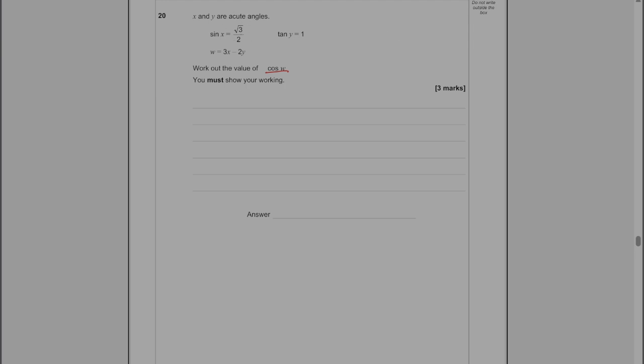if we can't remember what sine is, so this is the exact trig. So sine x is equal to root 3 over 2. If we imagine that it's either going to be 60 or 30, and it's derived from the triangle where we've got, very badly drawn, so I'm going to redraw that.